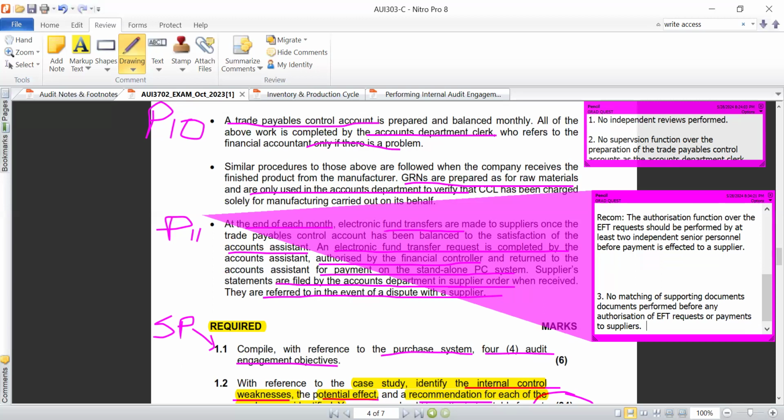There's no mention that upon receiving the EFT request from the accounts assistant, the financial controller verifies the request by matching the supporting documents against the supplier statements to confirm validity of the transaction or of the amounts before effecting the payment to the supplier. None of that is taking place. So that's what I'm trying to say with that weakness there.